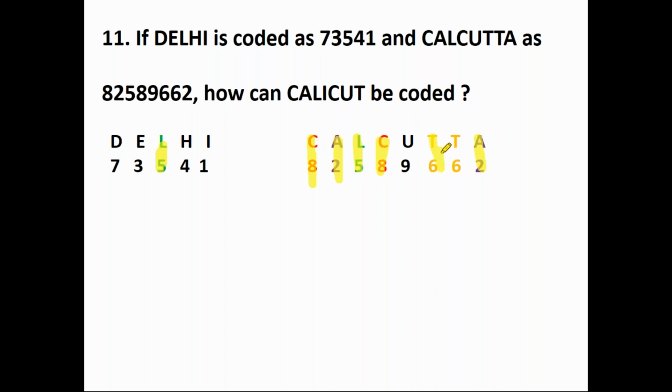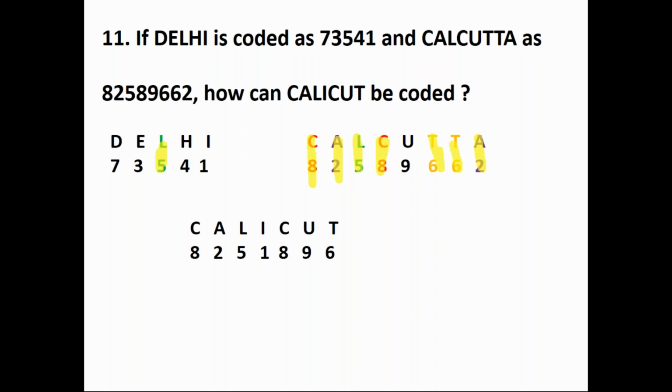So T6. So corresponding letter, corresponding digit. So without comparing, don't follow directly. Calicut is coded as 82511896, like D7, E3, L5, H4, I1.